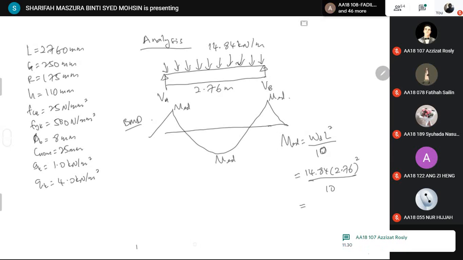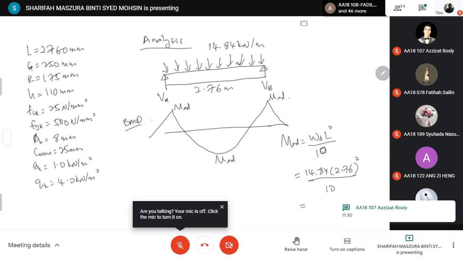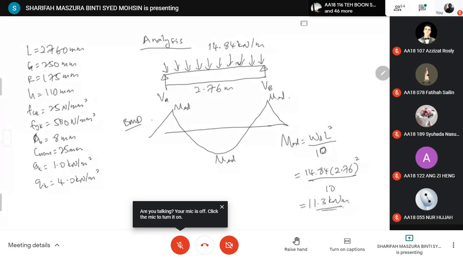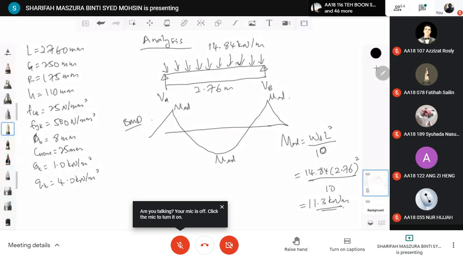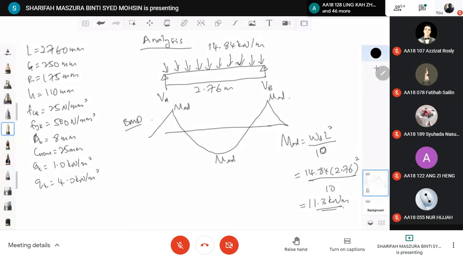So we get 11.3 kilonewton meter. And then for bending moment, we have moment here, 11.3 kilonewton meter, 11.3 kilonewton meter.